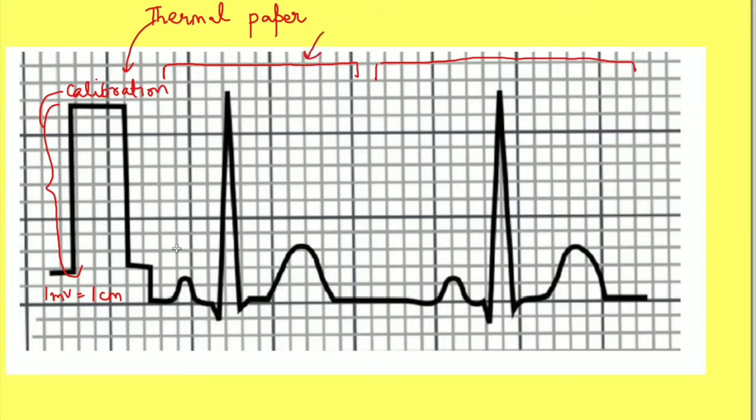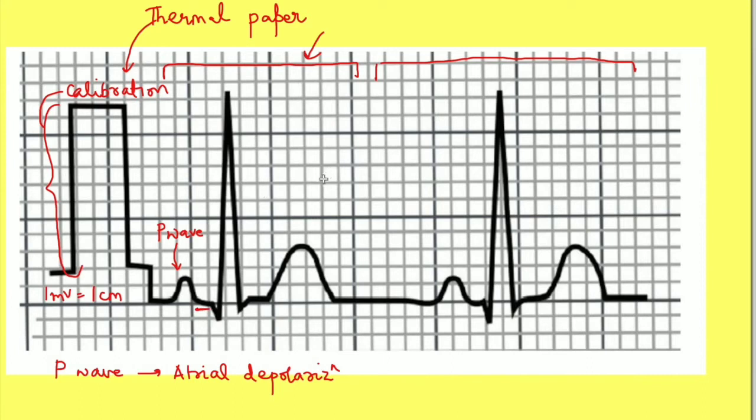The first wave which is seen here is P wave. It occurs due to atrial depolarization. After atrial depolarization, there is some time during which atria are depolarized and ventricles are still at resting membrane potential because there is a pause at AV node. So no potential is recorded during this time.